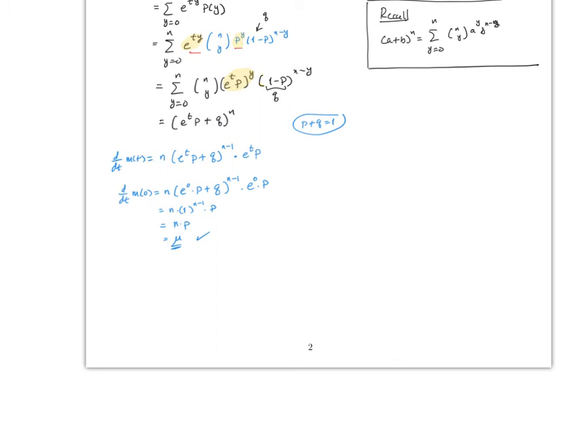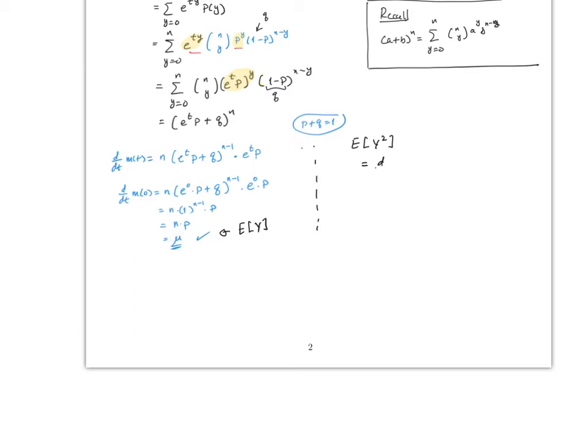So this gives you the first moment. Remember, this is exactly the same thing as this, so don't forget the notation. If you want to find the second moment, which means you want to find the expected value of y squared, then you just have to use the product rule and the chain rule.